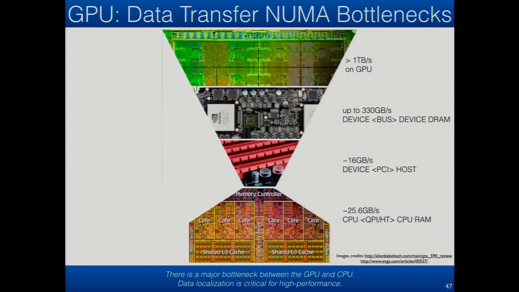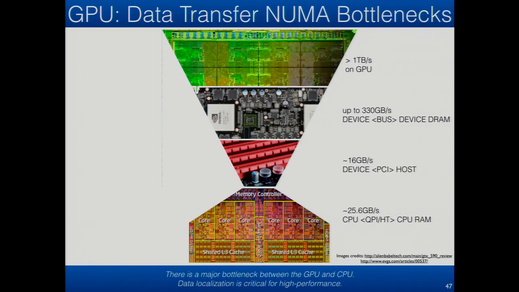Okay, so I threw some numbers together to give you a sense of the memory hierarchy in these devices. On chip, they can move data around between registers and so on at about terabytes per second. Between the chip and the memory on the board, it's about 300 some gigabytes a second now.